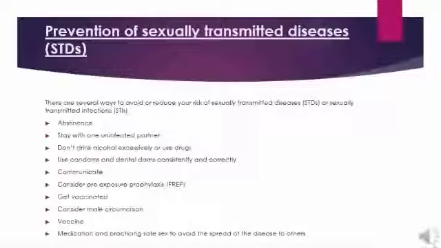Male circumcision may also help prevent transmission of genital human papillomavirus and genital herpes. Then 9. Vaccine. Human papillomavirus can be treated or prevented using vaccine infection. Then medication and practicing safe sex to avoid the spread of the disease to others.